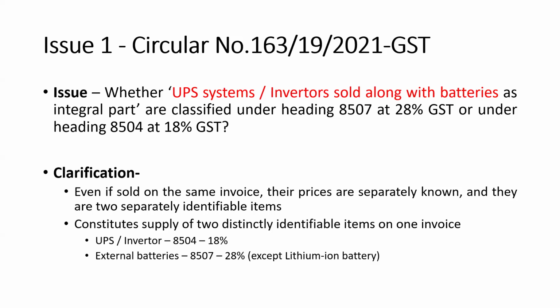Both are a principal supply on their own, and both will be charged at individual rates, where UPS will be classified under 8504 at 18%, and external batteries under 8507 at 28%, except lithium-ion, which is 18%.